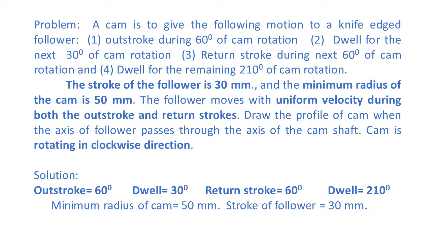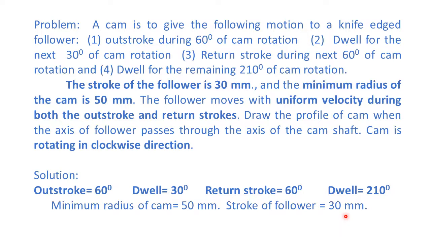In this problem, first you understand the follower is a knife edged follower, very basic type. Then the follower is moving up for the first 60 degrees of cam rotation. Then it is remaining at the lifted position for the next 30 degrees. Here the minimum radius of cam is 50 mm, base circle radius is 50 mm, and the follower stroke, that is the maximum lift, is 30 mm.